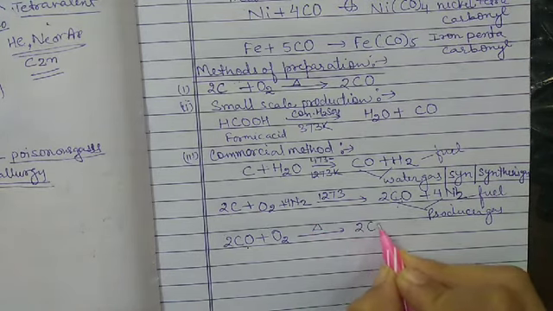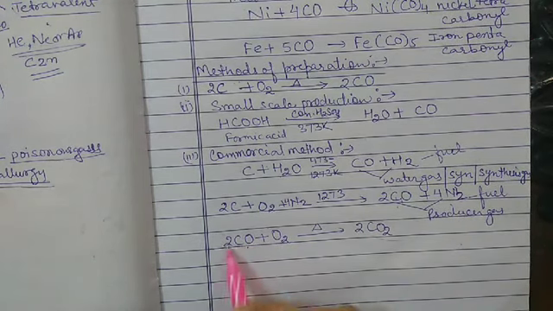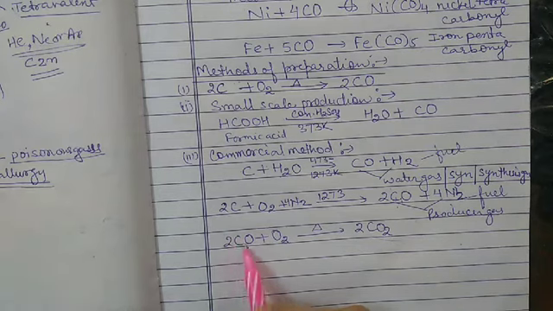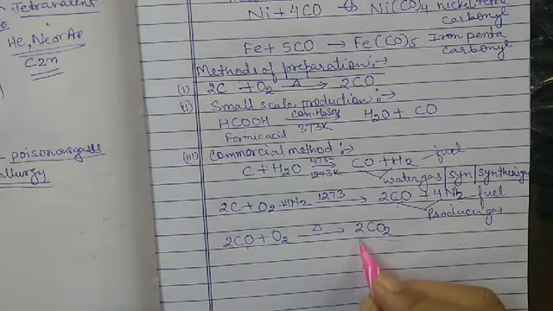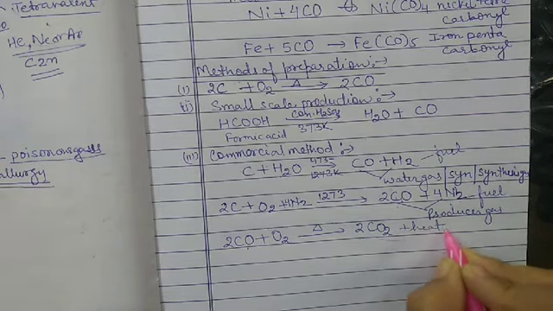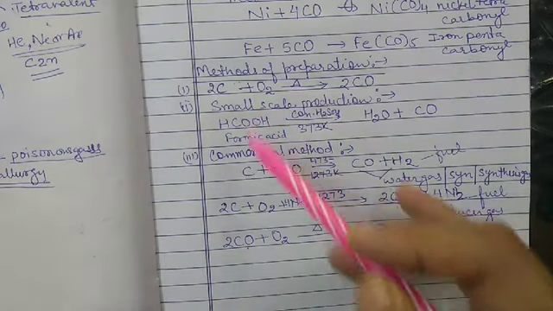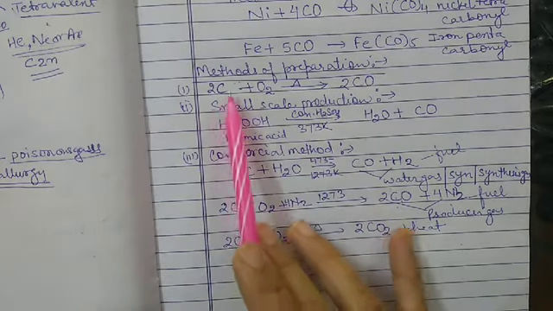Now O2 plus 2, that is 4 oxygen atoms, and 2 carbon atoms are there. So we get 2CO2 plus heat. Here the carbon monoxide is oxidized to the carbon dioxide. So these are the important methods for the preparation of the carbon monoxide.